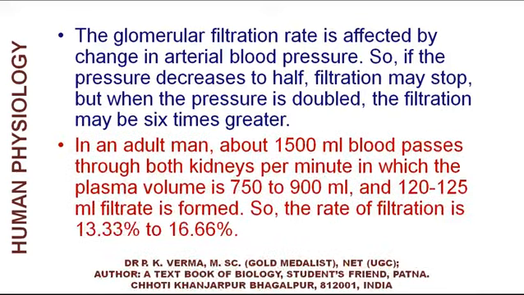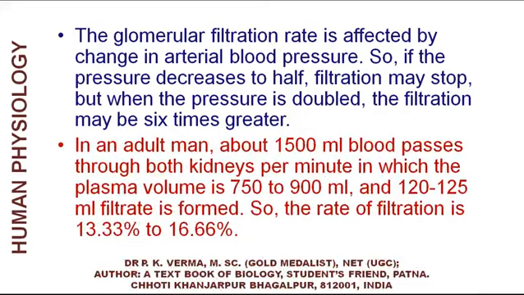In an adult, about 1500 milliliter blood passes through both kidneys per minute, in which the plasma volume is 50 to 60%, that is 750 ml to 950 ml.